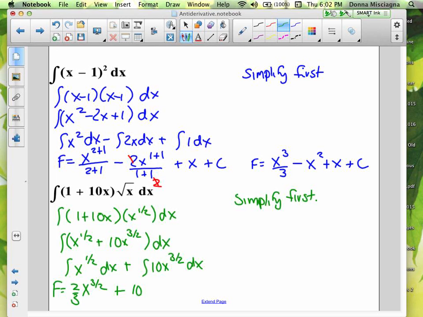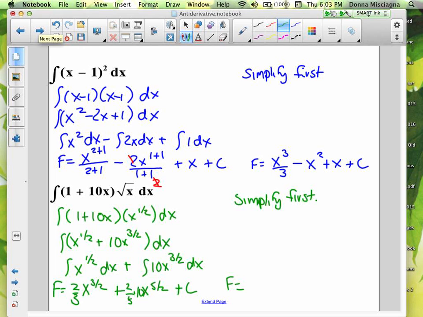10 times, actually I'll write the value first. So we have x to the 3/2 plus 1, which would be x to the 5/2. Dividing by 5/2 is the same as multiplying by 2/5, but there's already a 10 there. And then plus our constant of integration. So now we can simplify that.